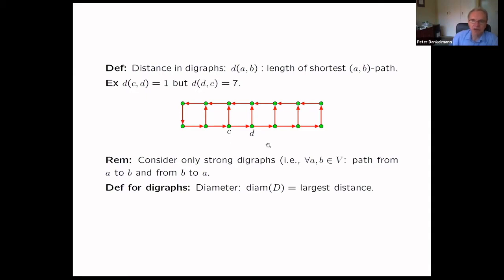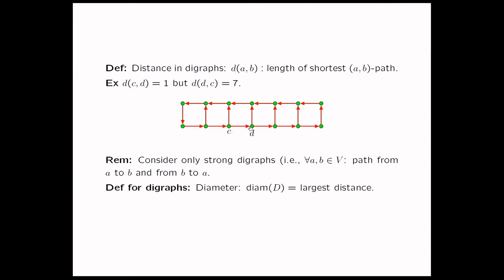Looking at, for example, vertices C and D, we immediately notice that the distances in digraphs can be quite different from distances in graphs. The distance from C to D is clearly 1, because we can go from C to D in one step.